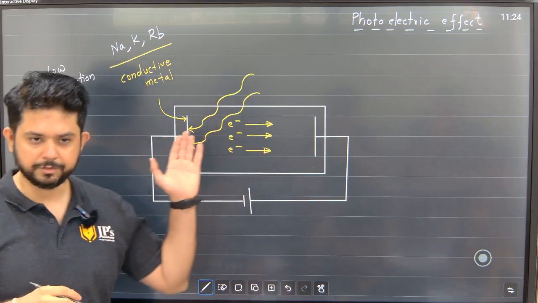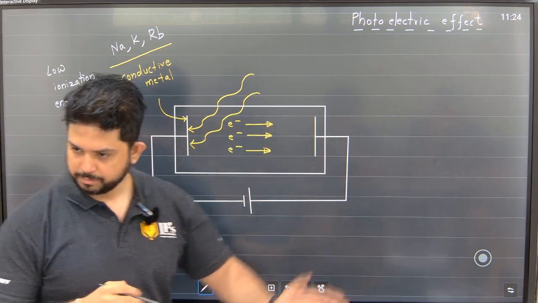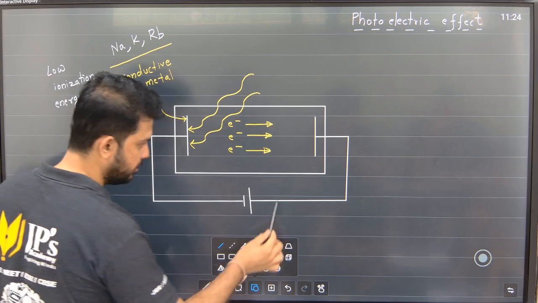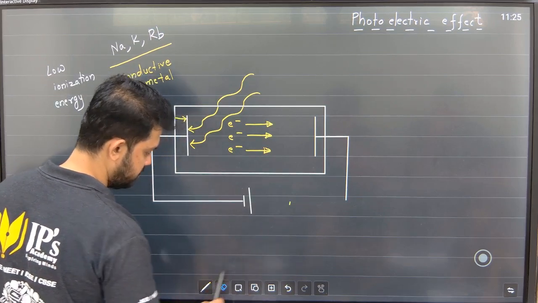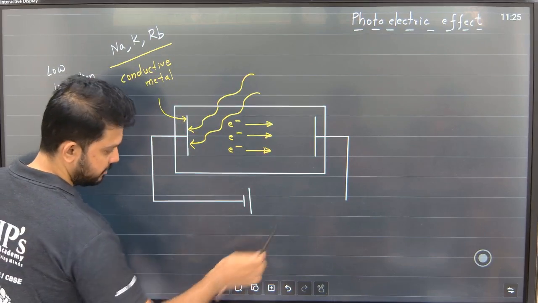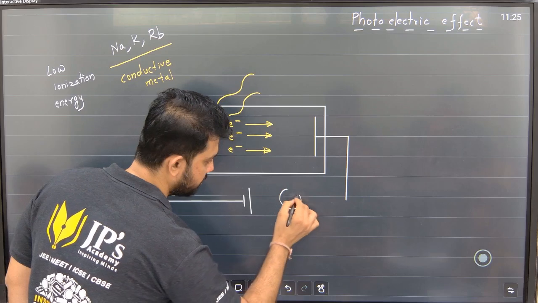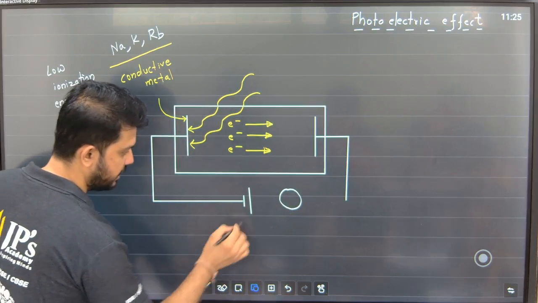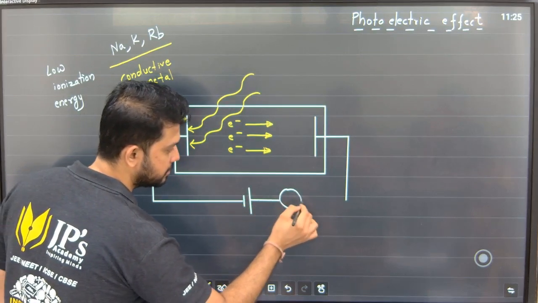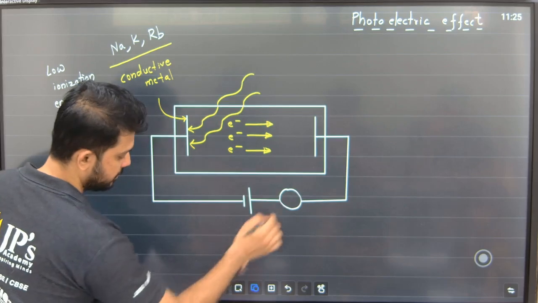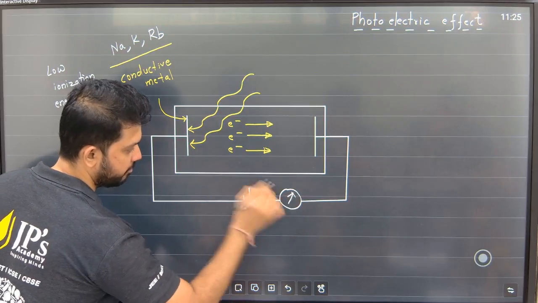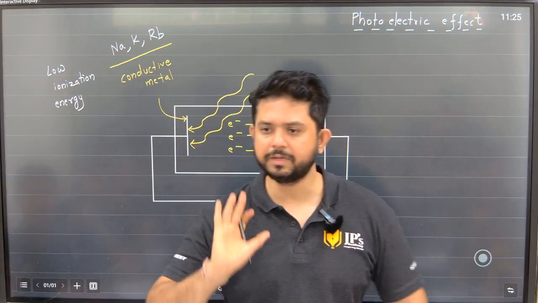Obviously they went from the negative terminal, got attracted towards the positive terminal, and यहाँ पे there was something to check, to test that. You connect something and you can also test that yes, there is flow of electrons. I repeat, this was the experiment done.